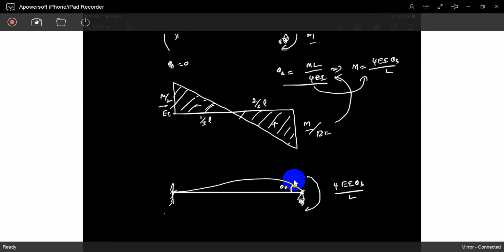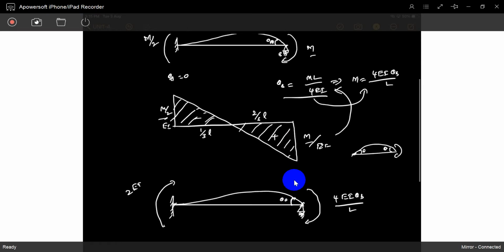If it is not a rigid joint, it will go like this, only moment exerted at this place. There is no moment here, but there are fixed end moments. To maintain fixity, it experiences a moment. What is that moment? Same as before, 2EI theta B by L.